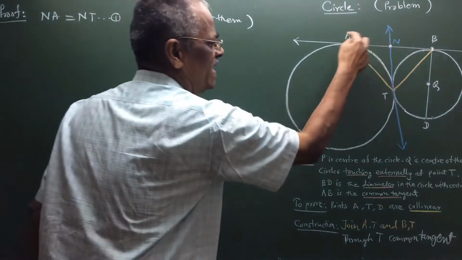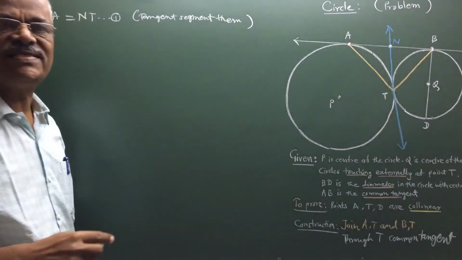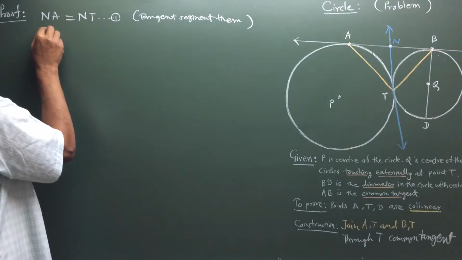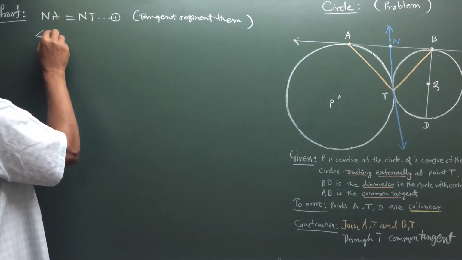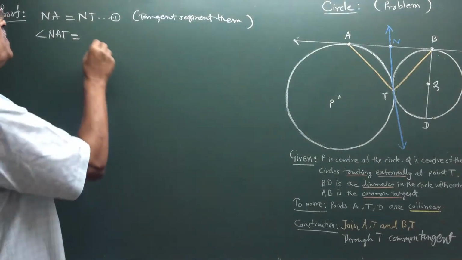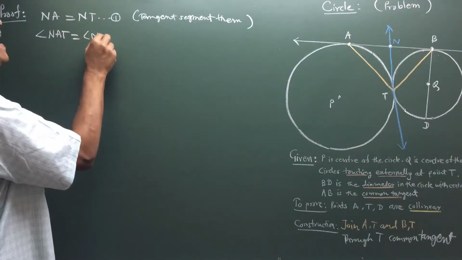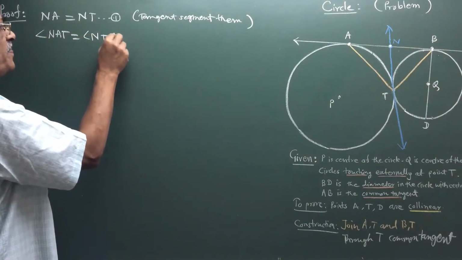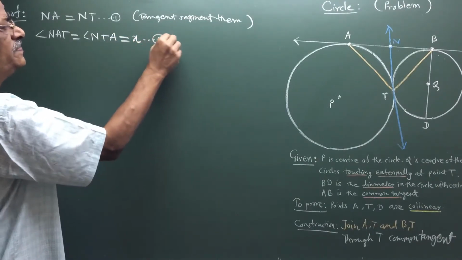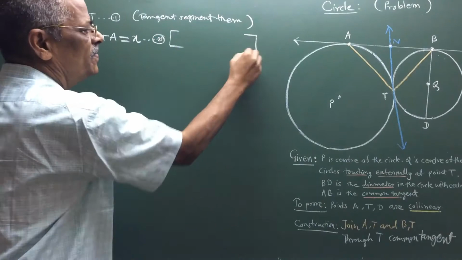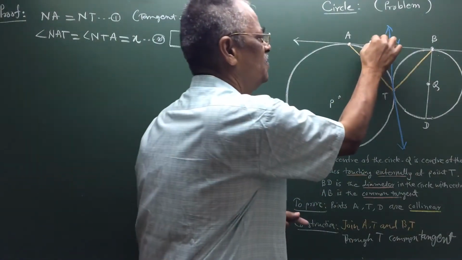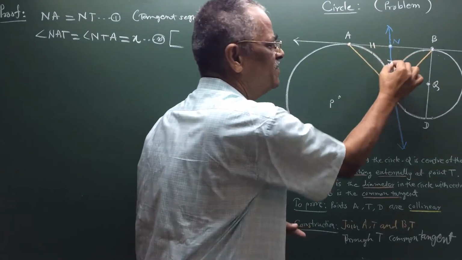Definitely NAT is an isosceles triangle, and in that triangle angle NAT must be equal to angle NTA. Let it be equal to X. Two angles are equal. Reason: two sides are equal.